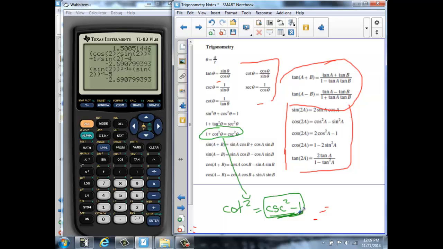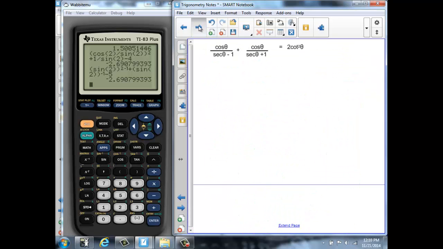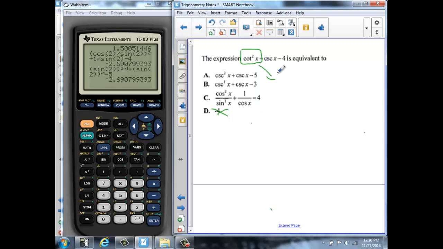Then if I were to take this guy right here, you just have to remember this: wherever I used to have a cotan squared, call it a cosecant squared minus 1. So flip back again. Cotan squared is actually equal to cosecant squared minus 1.